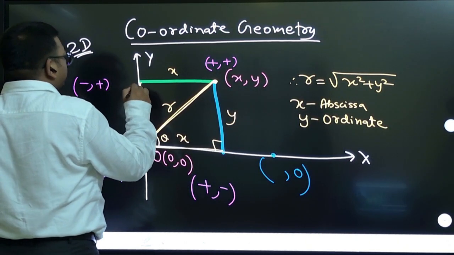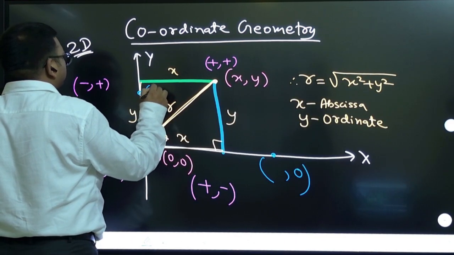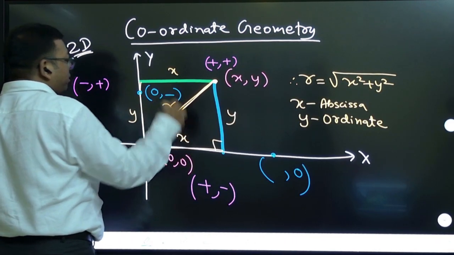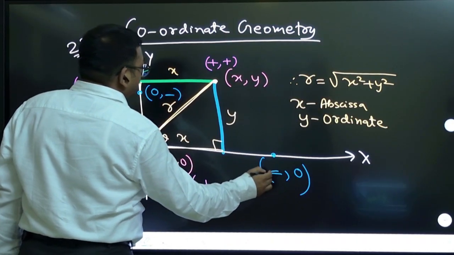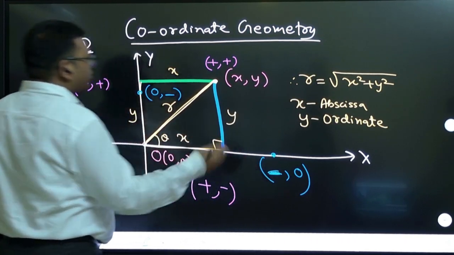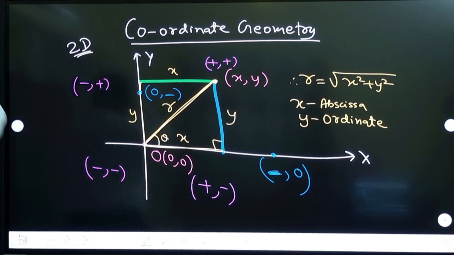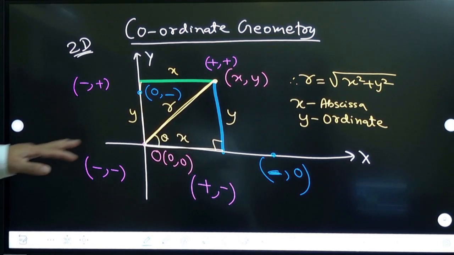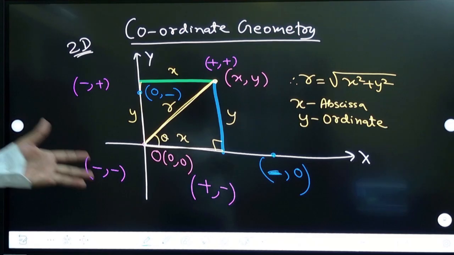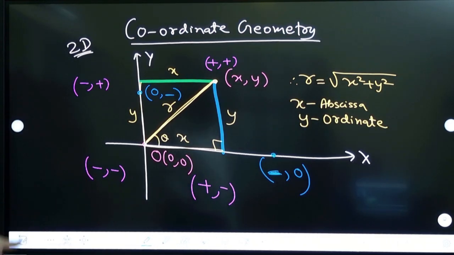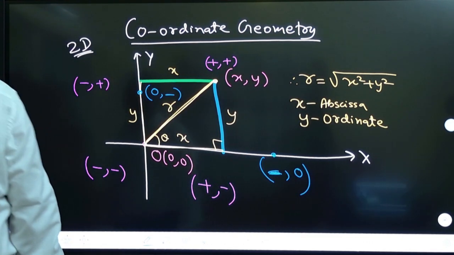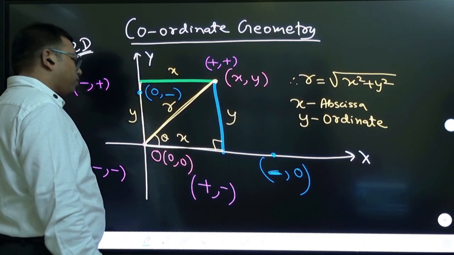Any point on the y-axis has x coordinate 0, and y will have some value depending on where that point is. So on the x-axis any point has y coordinate 0, and on the y-axis any point has x coordinate 0.